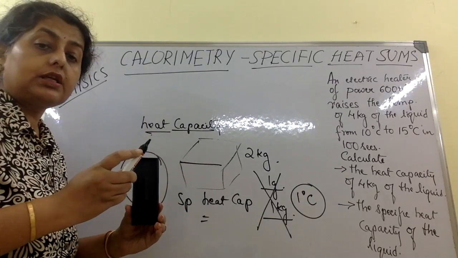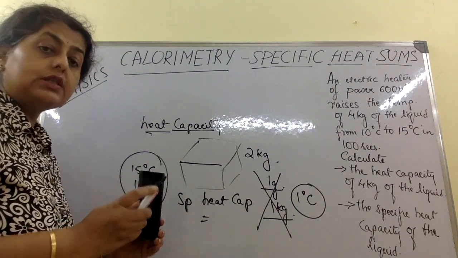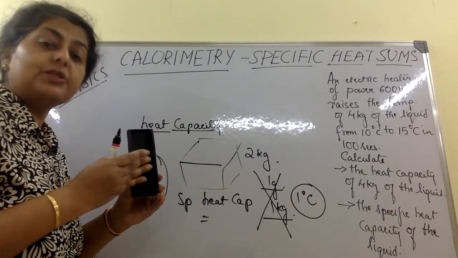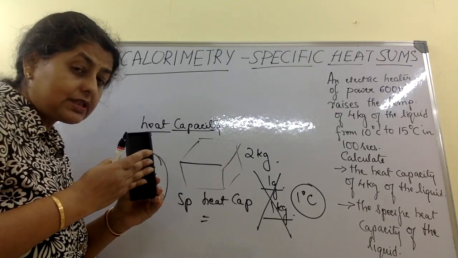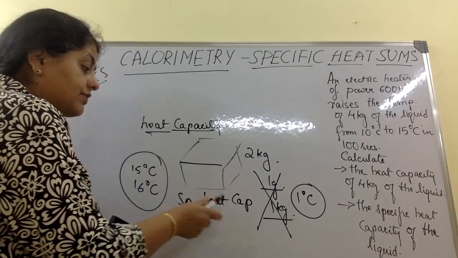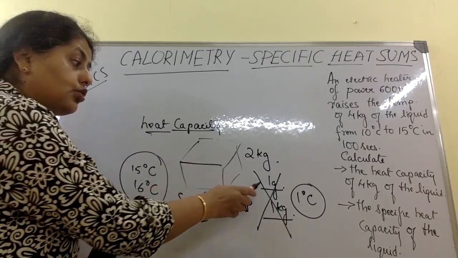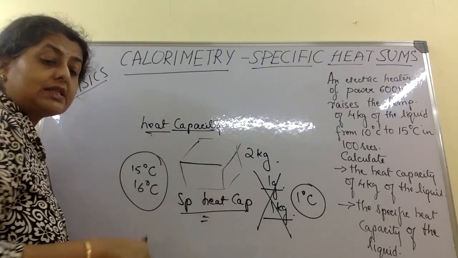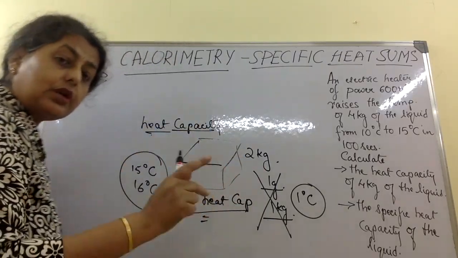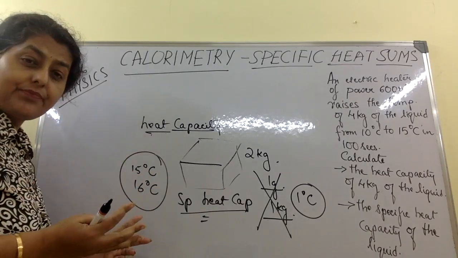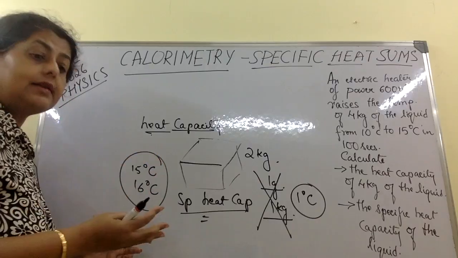If I say specific heat capacity, how much of heat is absorbed by 1 gram of this material or 1 kg of this material to get a rise of 1 degree centigrade. So in case of specific heat capacity, there are two units, one for mass and one for temperature. In heat capacity, there is one unit only, for temperature. So heat capacity is of a particular body, of a particular article that is in front of you.